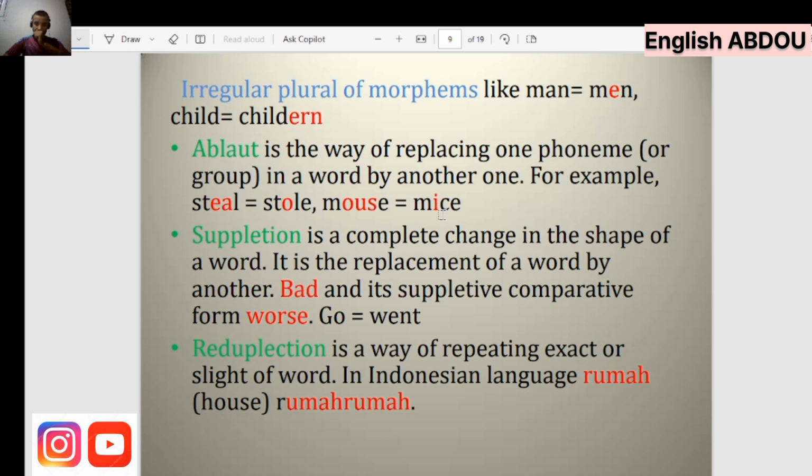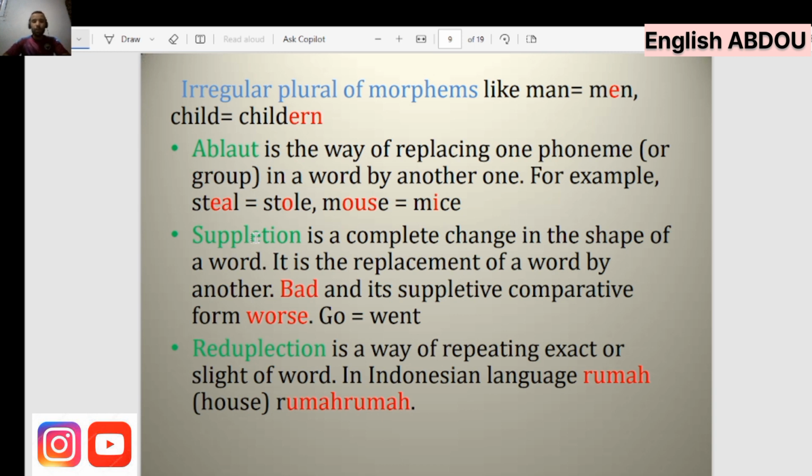Okay? And suppletion, of course, is the change of a complete word. We change the total word by another word. And this you will find just with superlatives and with some verbs in the past participle, like we have here bad.